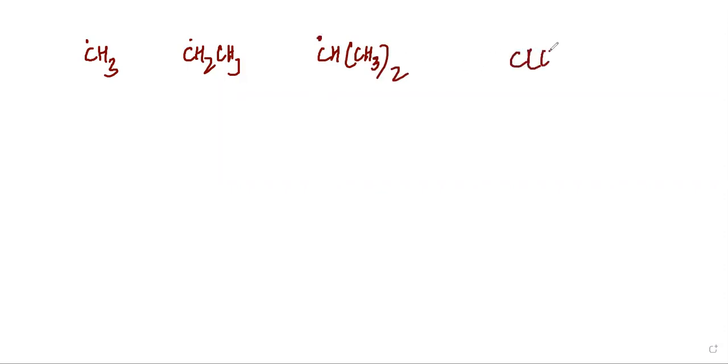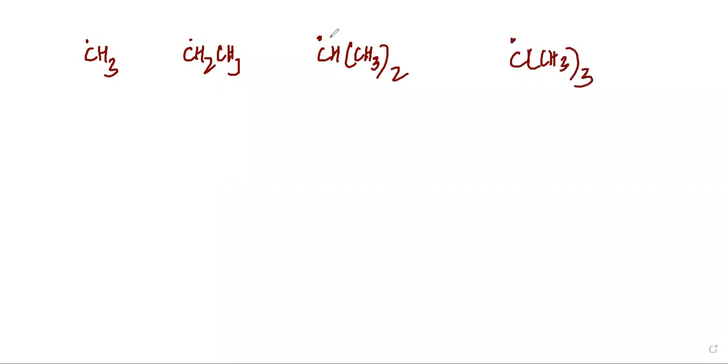Okay. Now you think about the various types of free radicals here. This is CH3. Then you may have CH2 CH3. Then you may have CH3 twice, free radical. And then you may have C CH3 thrice free radical.